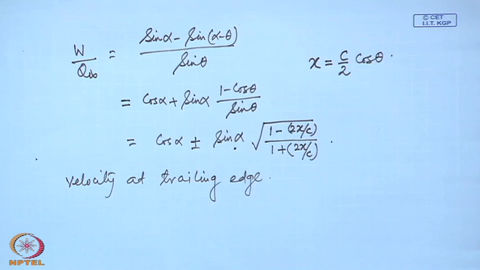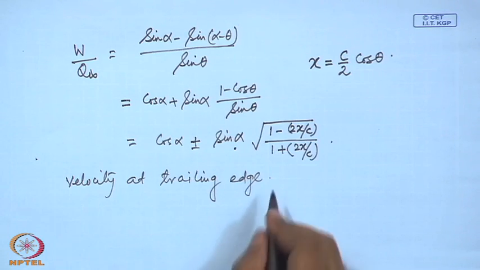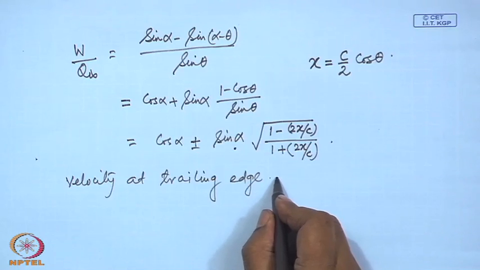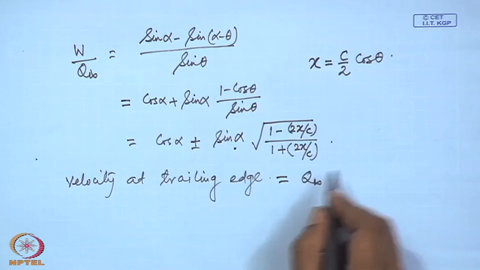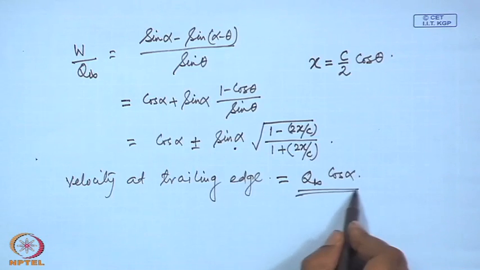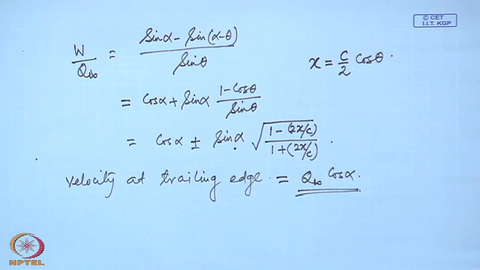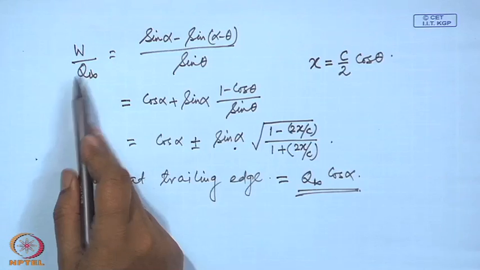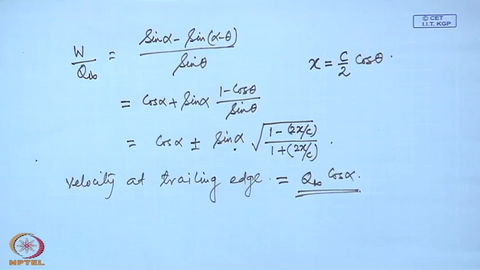Remember, the velocity at the trailing edge we derived in general is q infinity cos alpha plus beta. In this case, beta is 0. So, velocity at the trailing edge is q infinity cos alpha. You can get it from these two relations, but not from this.